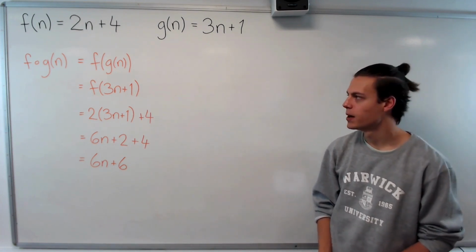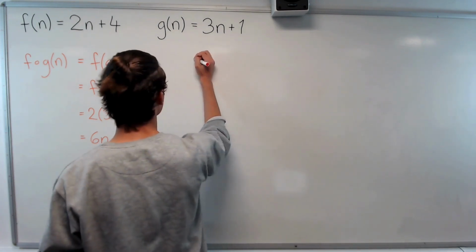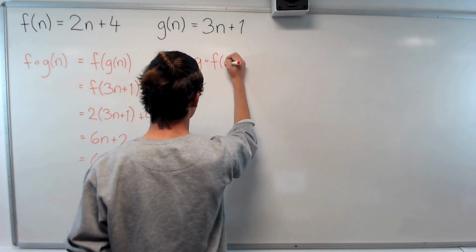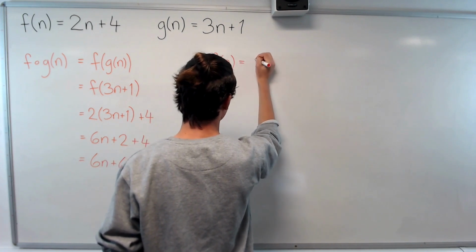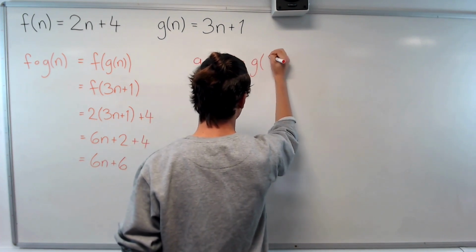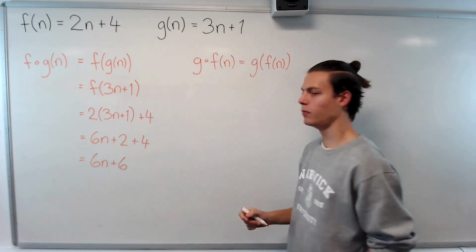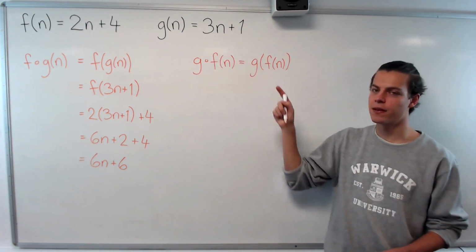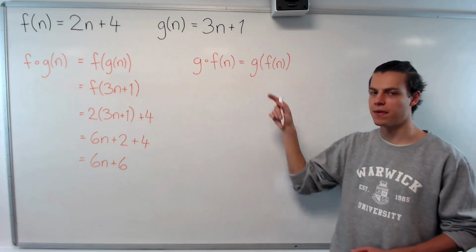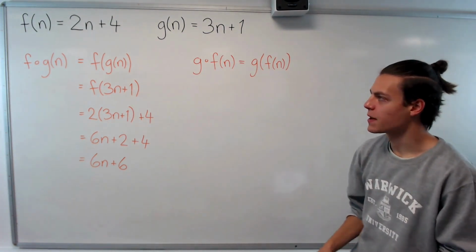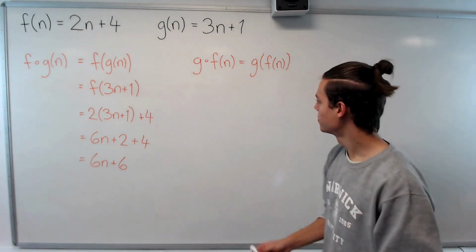Now let's do g composed with f. This time we're applying f first, so we find f of n, and then apply g to the result. f of n is 2n plus 4.